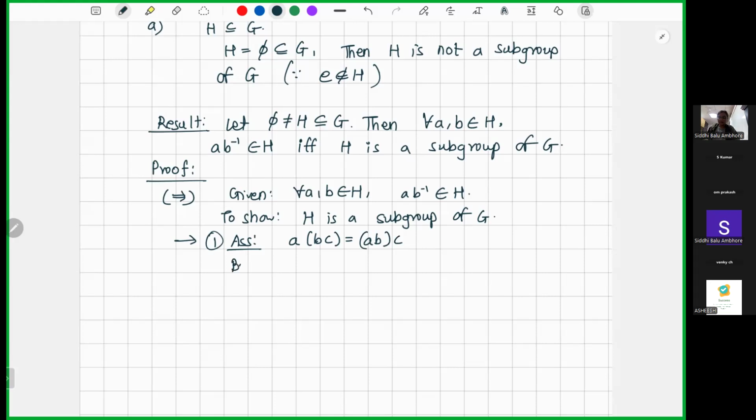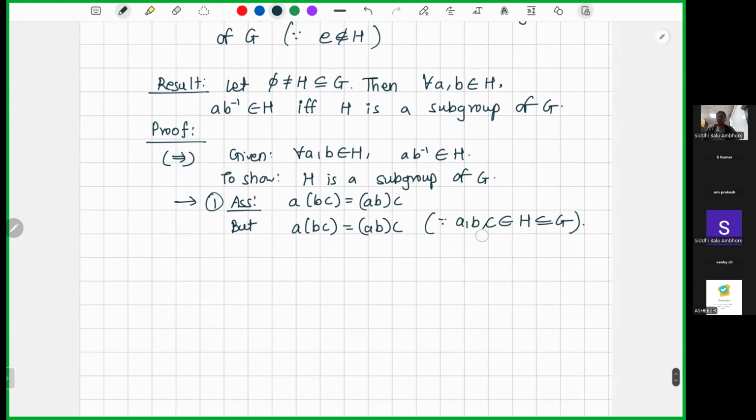But from the inherent property of G, this is anyway associative, since A, B, C belong to H, which is a subset of G anyway. So this comes from the restriction of G on H.